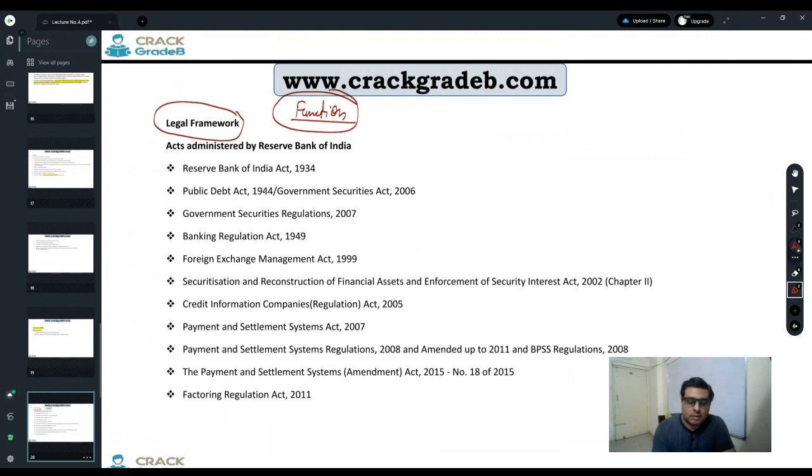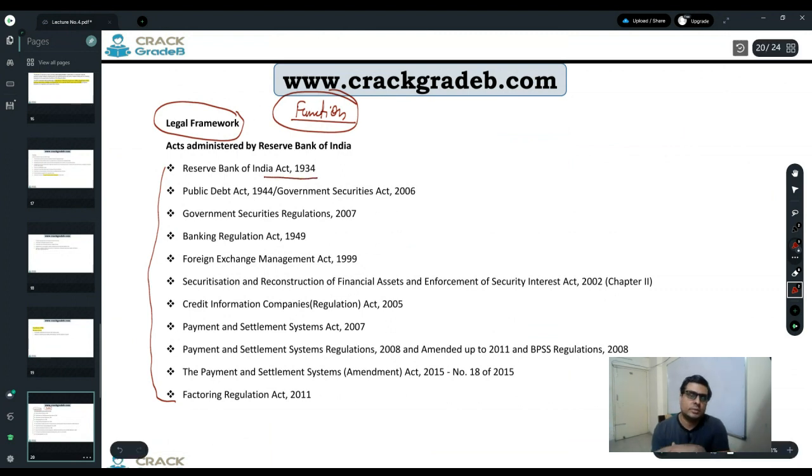RBI's power comes from this legal framework, and the most important is the Reserve Bank of India Act. Most of the powers of the Reserve Bank of India are defined under the Reserve Bank of India Act, 1934.